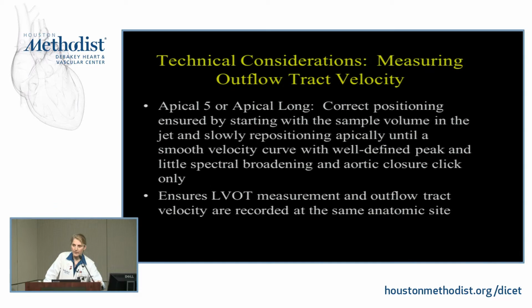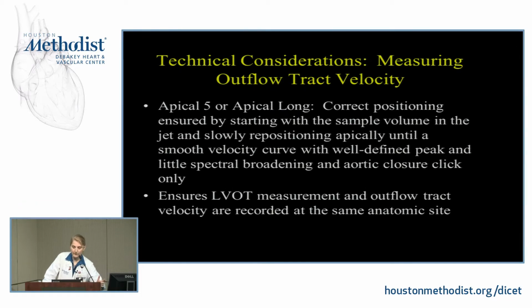Another very important thing is to make sure that you're measuring the pulse wave Doppler at the same place that you just measured that cross-sectional area of the left ventricular outflow tract, so that you get an accurate stroke volume. And how can you do that?